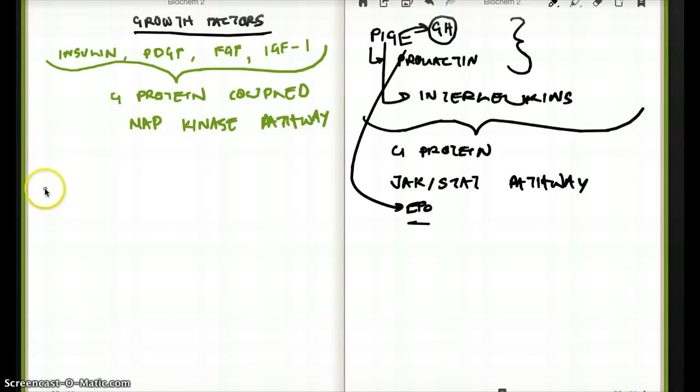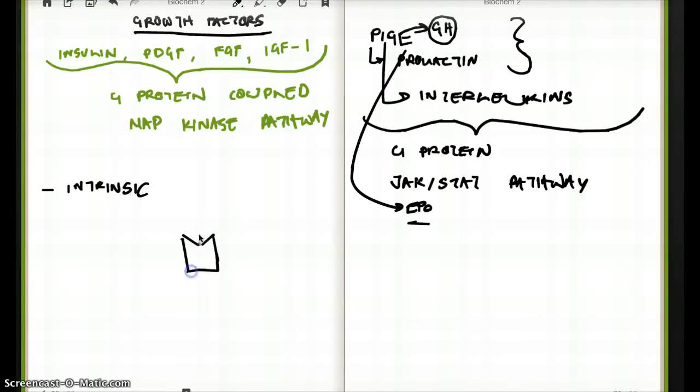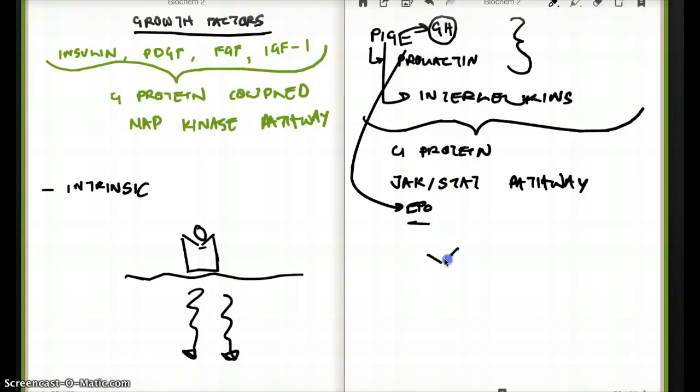Another key difference is that the MAP kinase pathway is intrinsic. First the receptor is going to bind to the ligand, and then everything else is going to trickle down the cell. But with the JAK-STAT pathway, the ligand is going to bind to the receptor, and it's going to become autophosphorylated, and it's going to go directly to the nucleus for transcription.